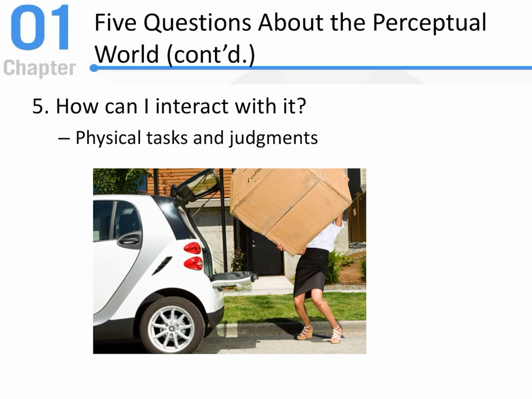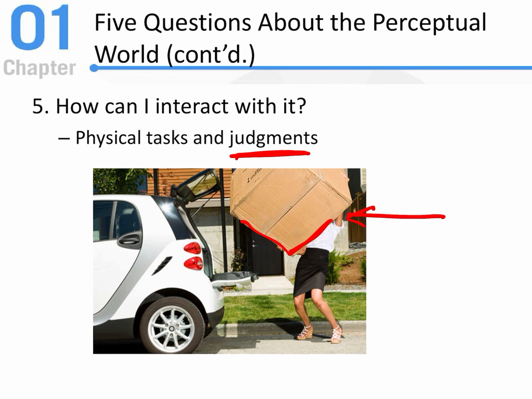Another question, the final question that we have, is how do you interact? So this is like thinking about the action step of the perceptual process. How you act based off of your judgment of what you see is important. So later on in chapter 7, we're going to see that people actually judge a box to be a lot heavier if you think you're going to be lifting it versus when you think that someone's going to be helping you or someone else is going to be lifting it.